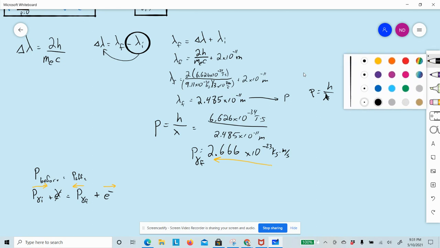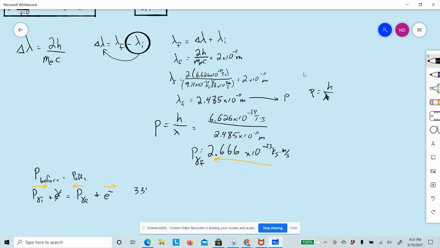So what do we end up with? We started with 3.313 times 10 to the minus 23rd kilogram meters per second equals a negative 2.666 times 10 to the minus 23rd kilogram meters per second plus the momentum of the electron that way to the right.